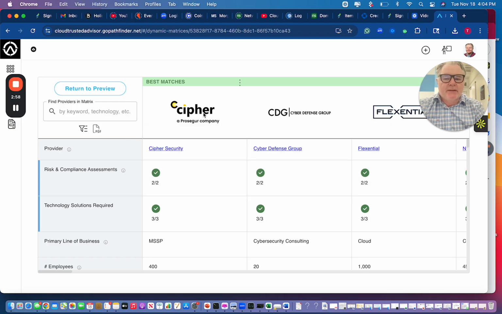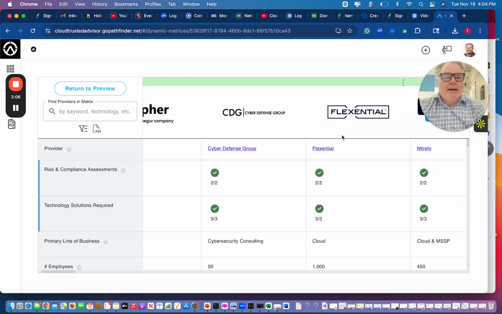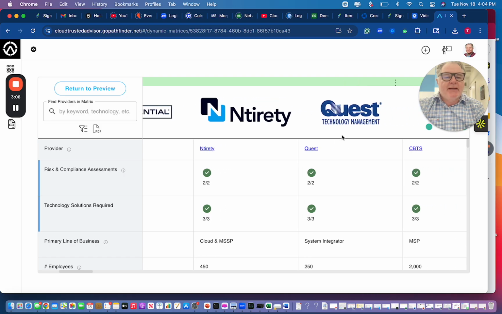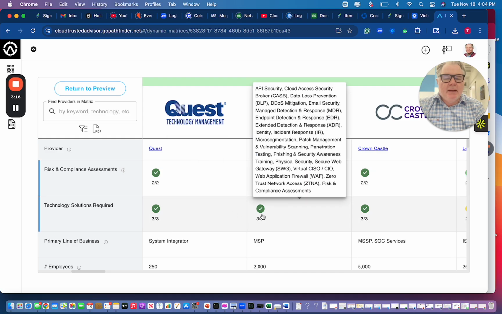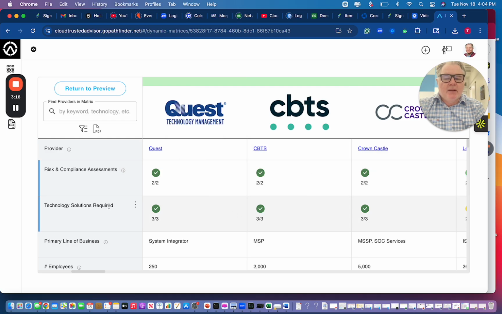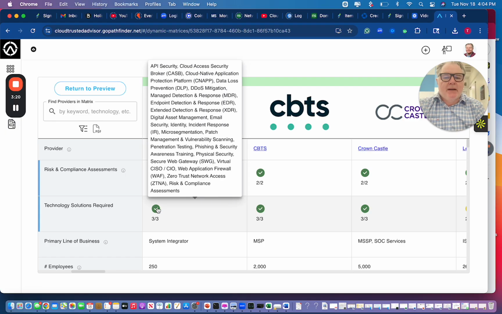So obviously CDG and Flexential scored well. Some other vendors here, Entirety, Quest, CBTS, are all a fit, meaning they went 2 for 2 in terms of requirements for risk and compliance, and 3 for 3 under technology solutions required. That was where we checked off the identity management and whatnot.